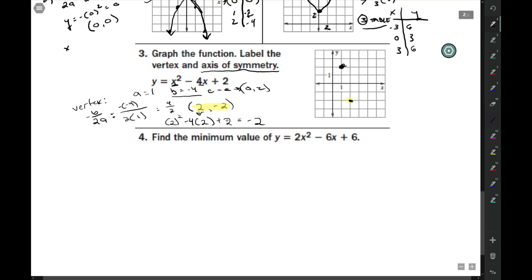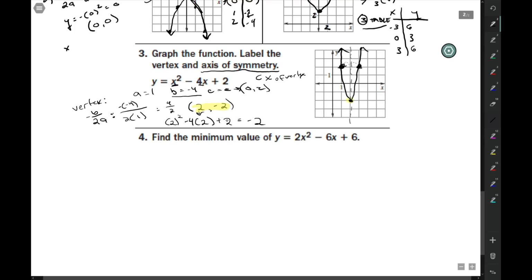Axis of symmetry. Above I mentioned that it's the x of the vertex. So our axis of symmetry again splits the graph in half. And what's nice is if we kind of make it look symmetric, we don't even really need a table. You can just kind of graph and connect the points. Okay, that's okay if it looks like that, a little squiggly, sorry.